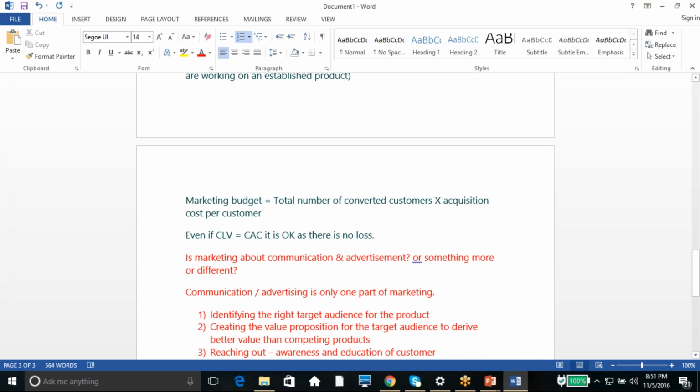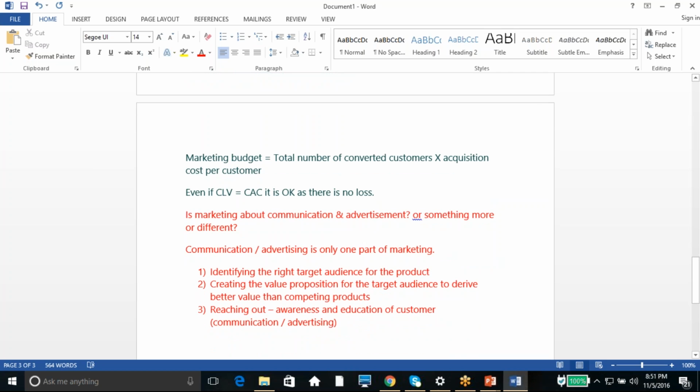Then you have the sales process. Four is sales process, actual conversion from lead. So you have this funnel which starts from lead gen and ends in conversion.